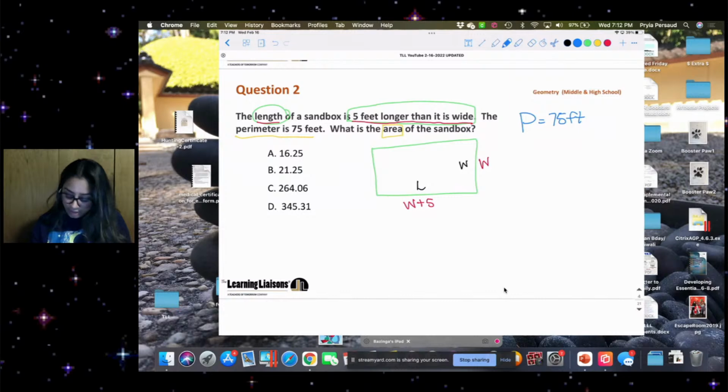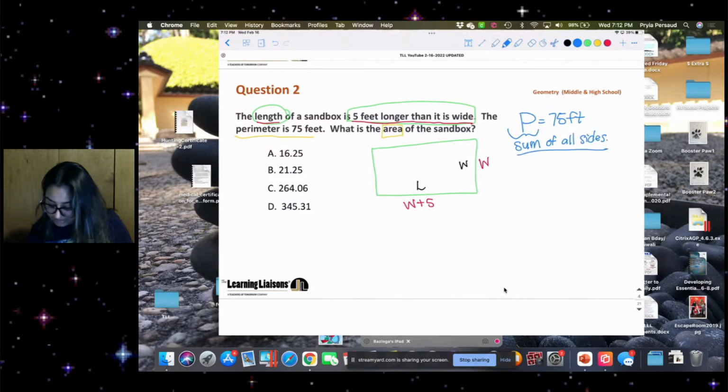Well, I know that to solve for the perimeter of anything, it's the sum of all sides. All right, sum of all sides means I'm going to add everything together to get 75. So let's start there. I have my perimeter, which is equal to the sum of all sides. I'm going to add my sides.